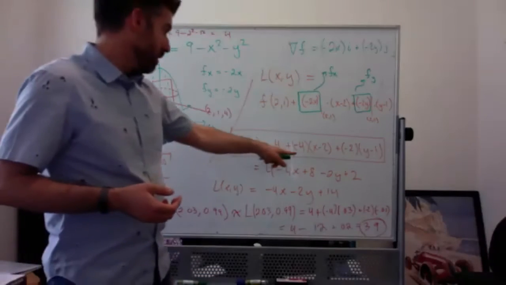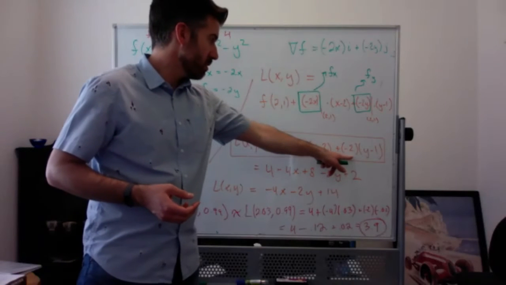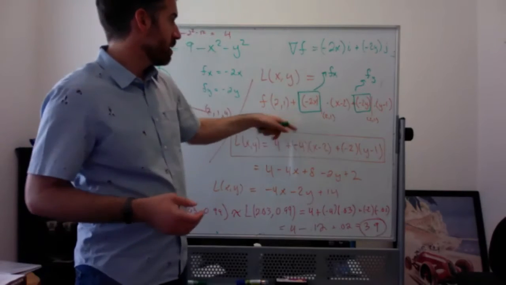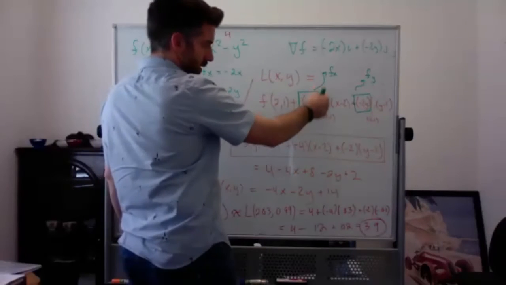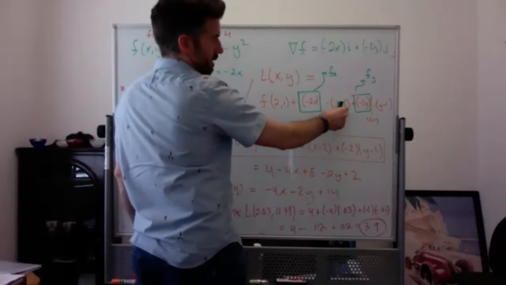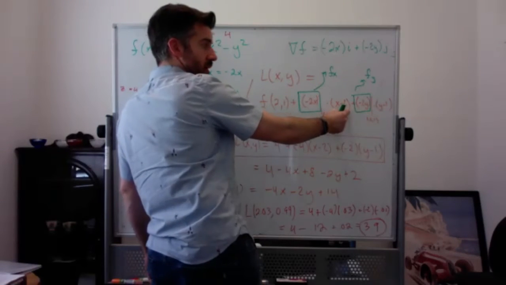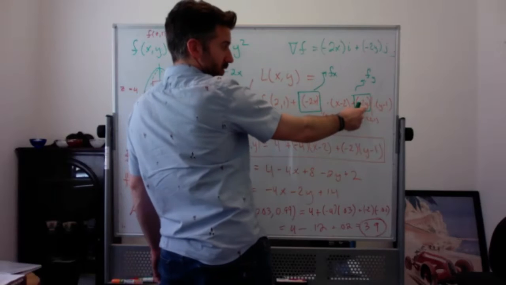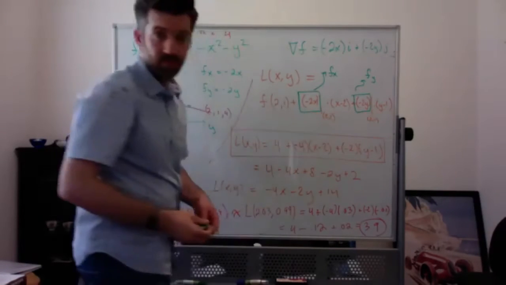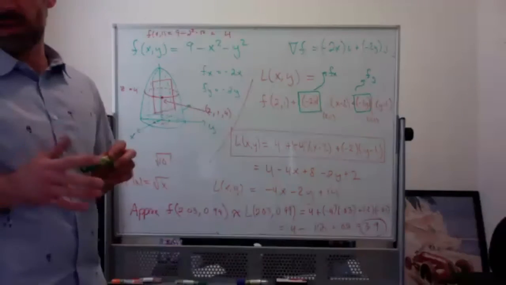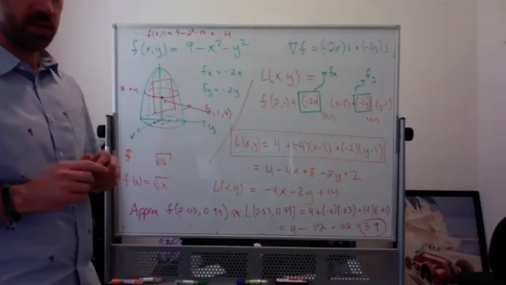So it's f of (2, 1) plus -2x evaluated at (2, 1) times x minus 2, plus -2y evaluated at (2, 1) times y minus 1. Okay, so it's always x minus the x coordinate and then y minus the y coordinate.